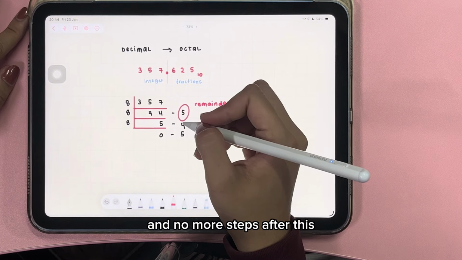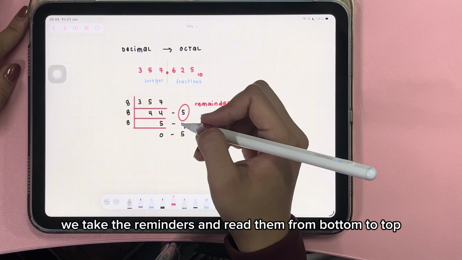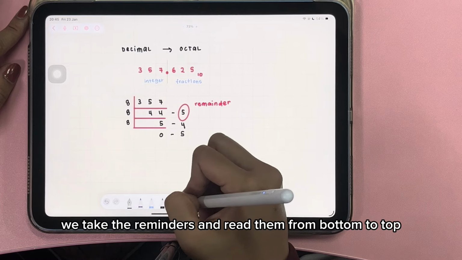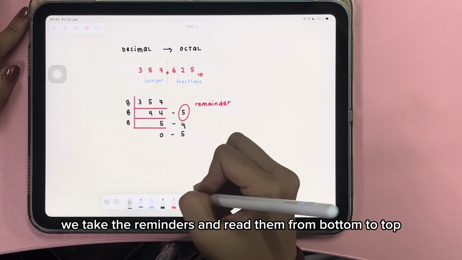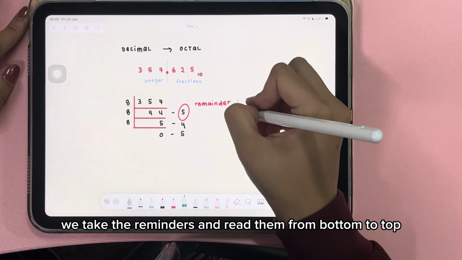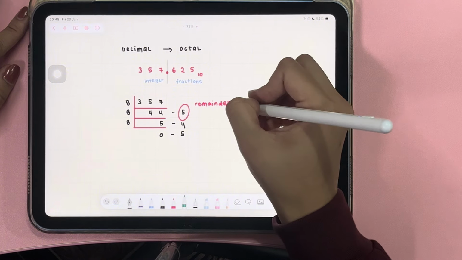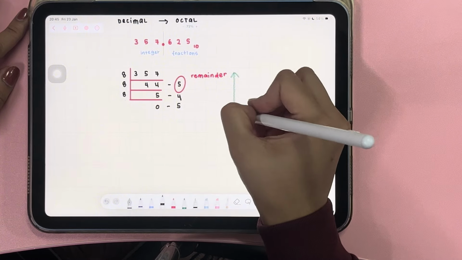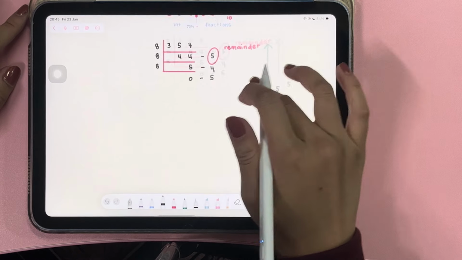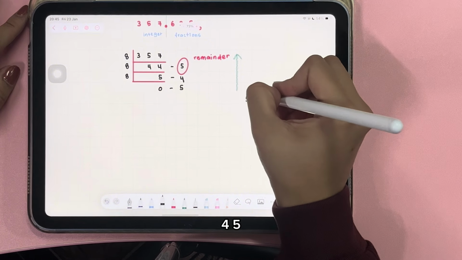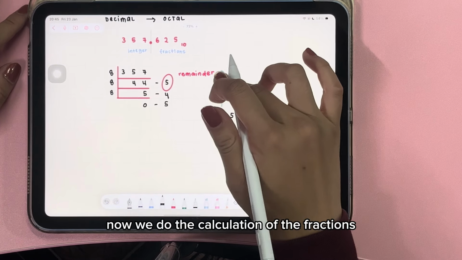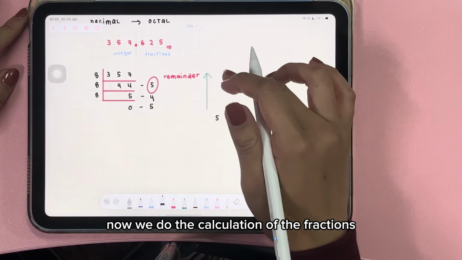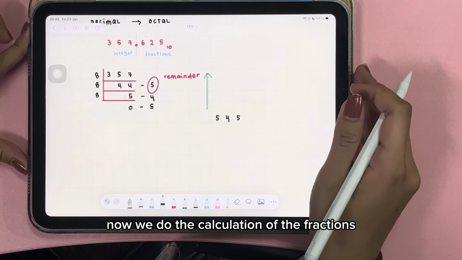And no more steps after this. Now, we take the remainders and read them from bottom to top. So the answer is 5, 4, 5.